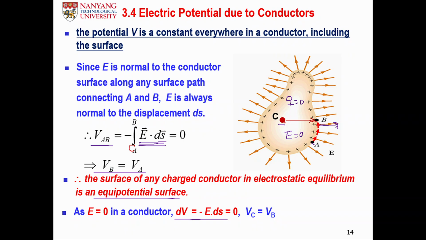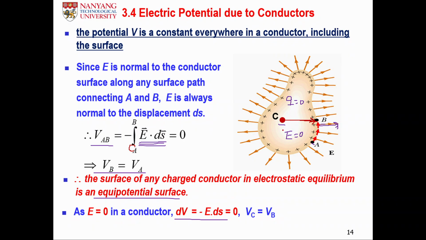C is inside the conductor. B is on the conductor surface. So basically, from this point to this point, you can see the trajectory is all inside the conductor, right?